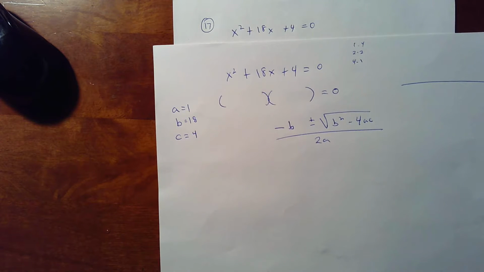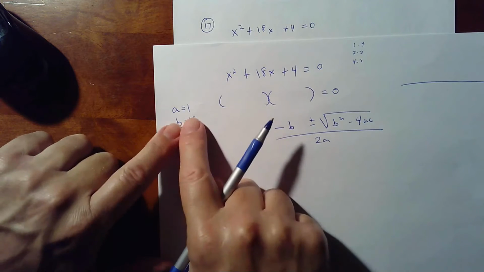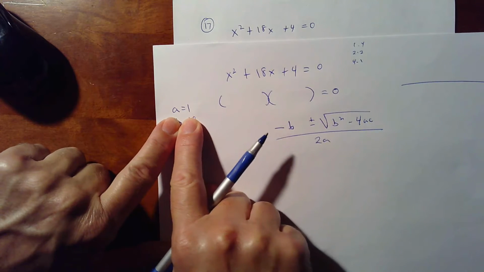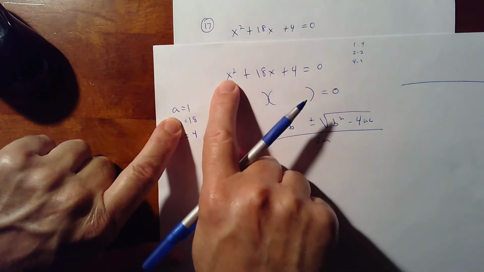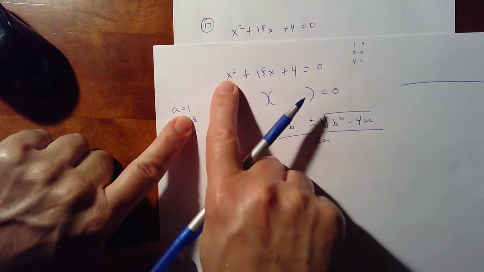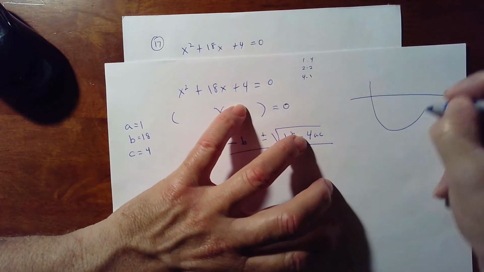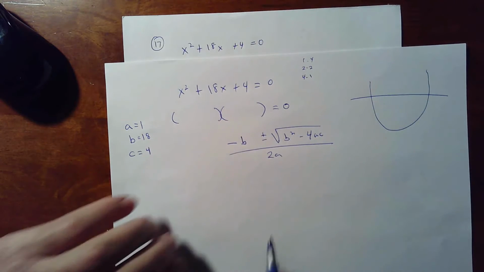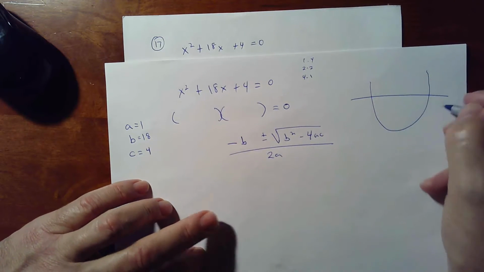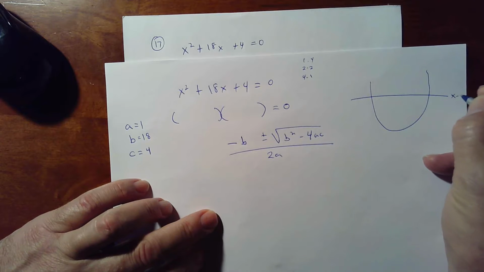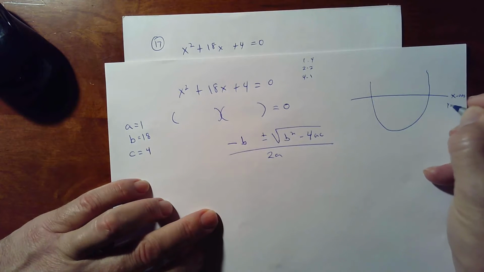Now there's a couple things that happen here. I mentioned to you last time that when a parabola opens upward, the a term is positive. Let's just say we have this parabola, and let's say this is the x-axis, where y is equal to 0.